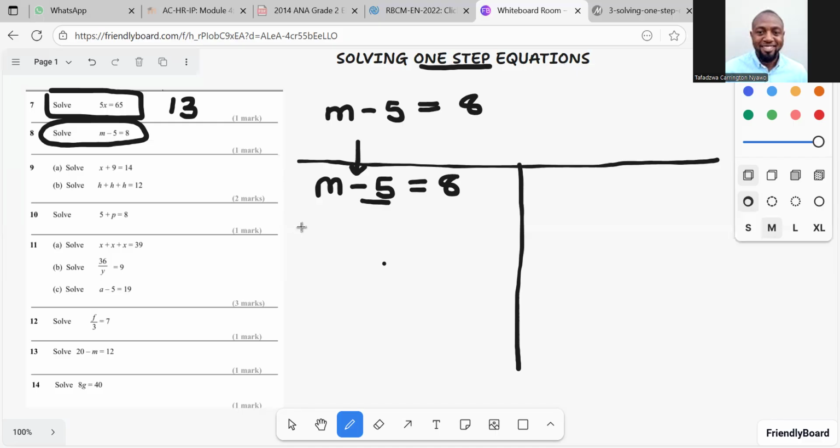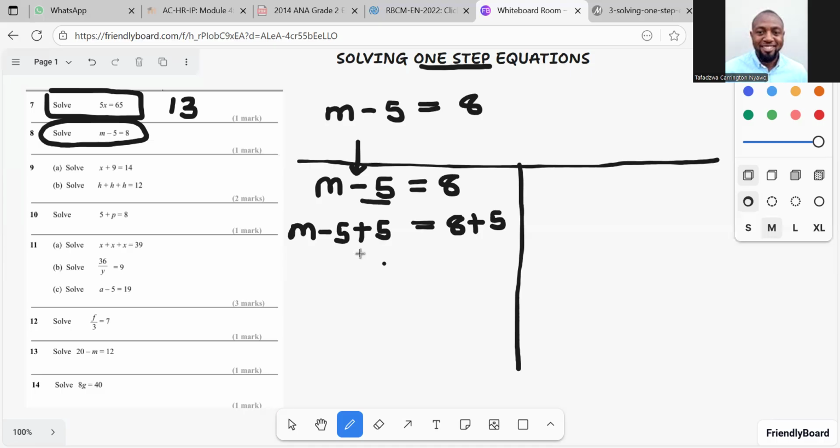So in other words, I'm going to add 5 on the left, and then I'm also going to add 5 on the right. Remember the rule for equations: what you do on the left is also what you do on the right.